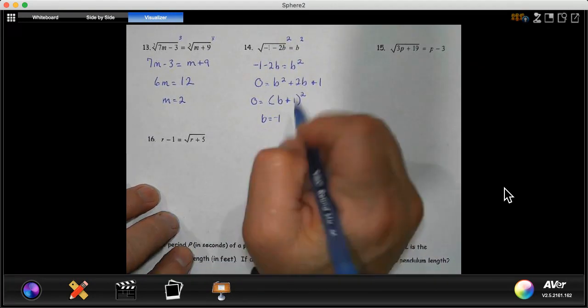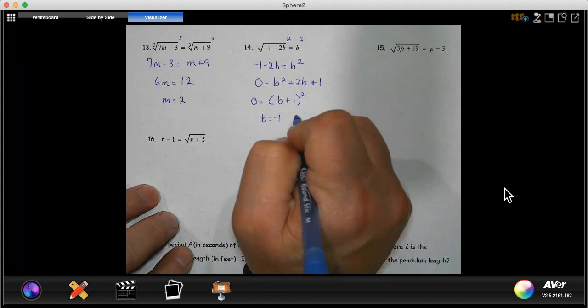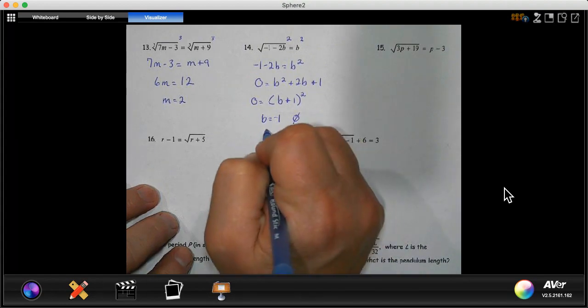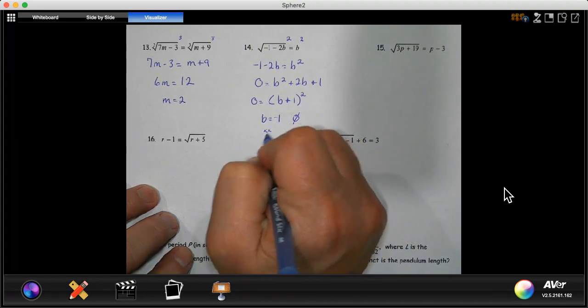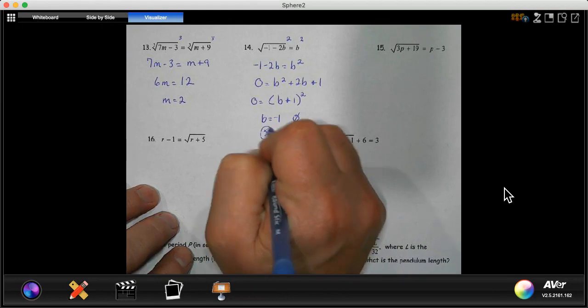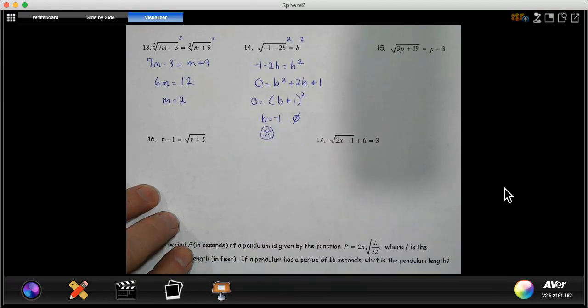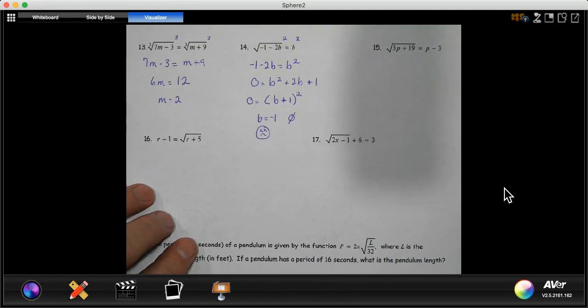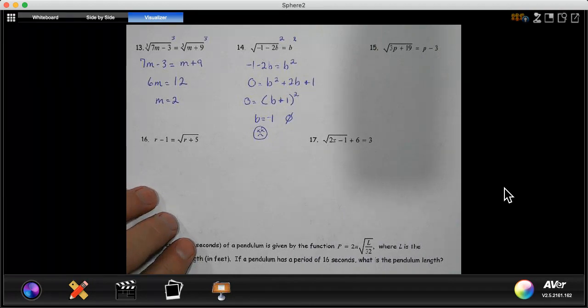So this is a no solution. Basically, the negative 1, we didn't do anything wrong. The negative 1 is crossed out. Not good. Okay? It's X'd off. That can happen.